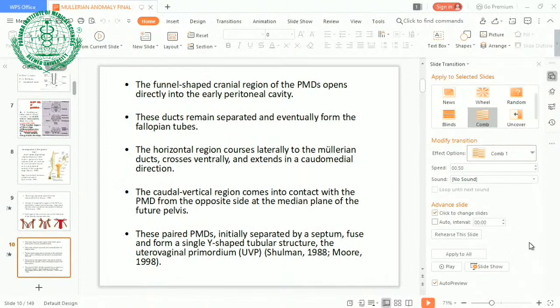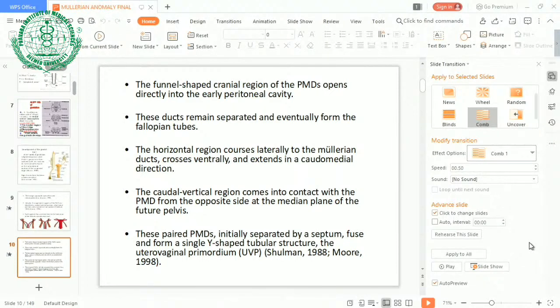The funnel-shaped cranial region of paramesonephric ducts open directly into the early peritoneal cavity. These ducts remain separated and eventually form the fallopian tubes. The horizontal region courses laterally to the Mullerian duct, crosses ventrally, and extends into a caudomedial direction.